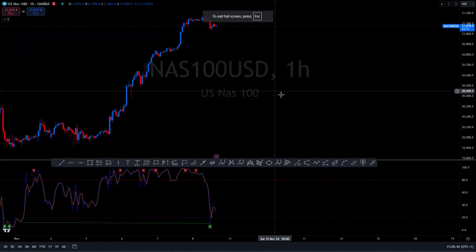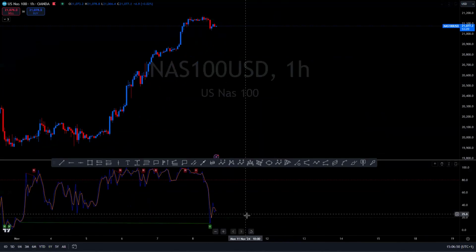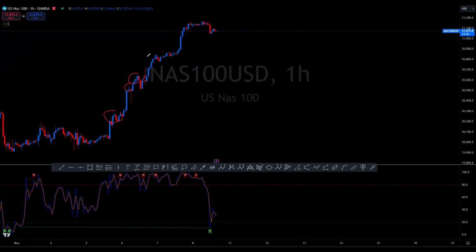So the very first thing we're going to do is look at the overall trend. We can see that price is trending in a bullish motion, creating higher highs and higher lows. Previous structure has been broken from this swing low to this swing high. So let's go ahead and draw a trend line here.